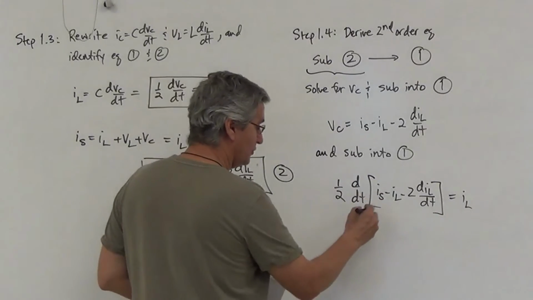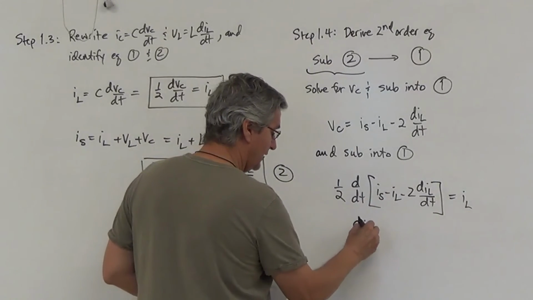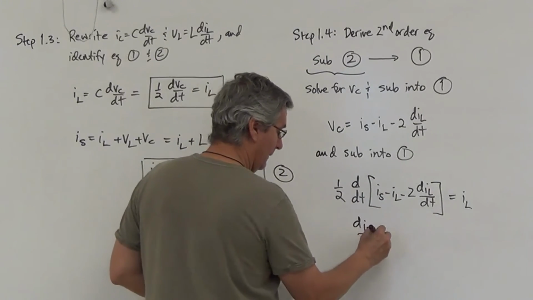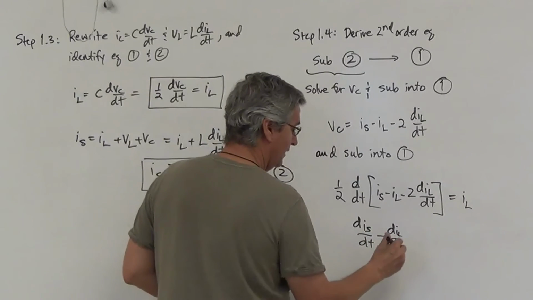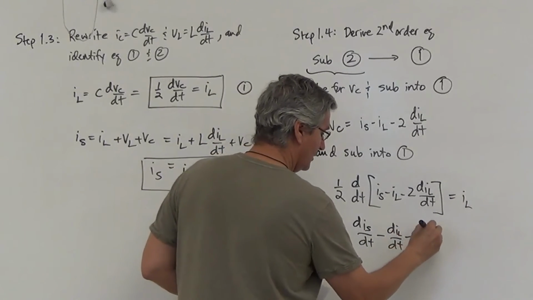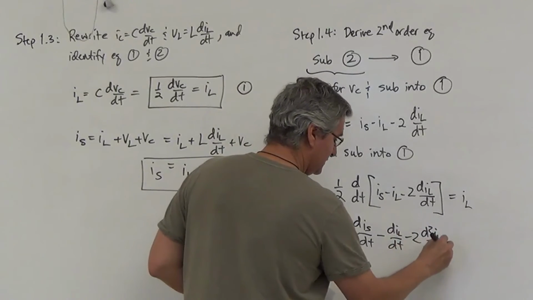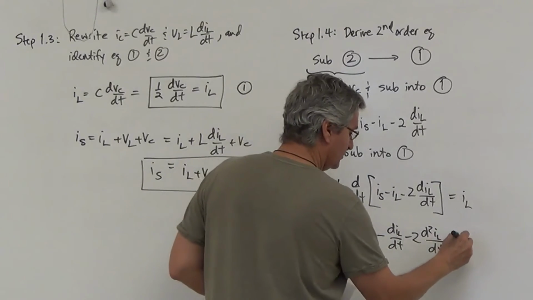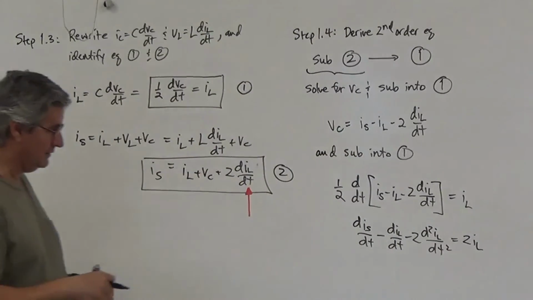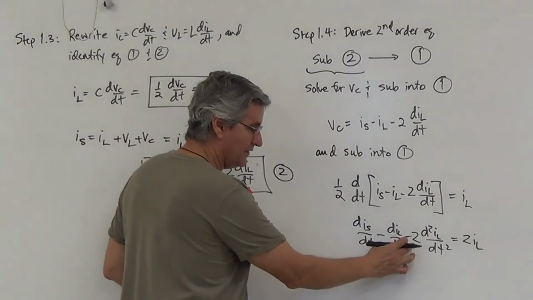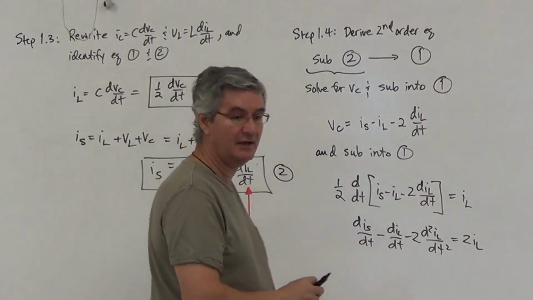So then my first term becomes dIS/dt minus dIL/dt minus 2 d²IL/dt² equals 2 IL. And because these two terms have a minus sign, I'm going to take them to the other side.